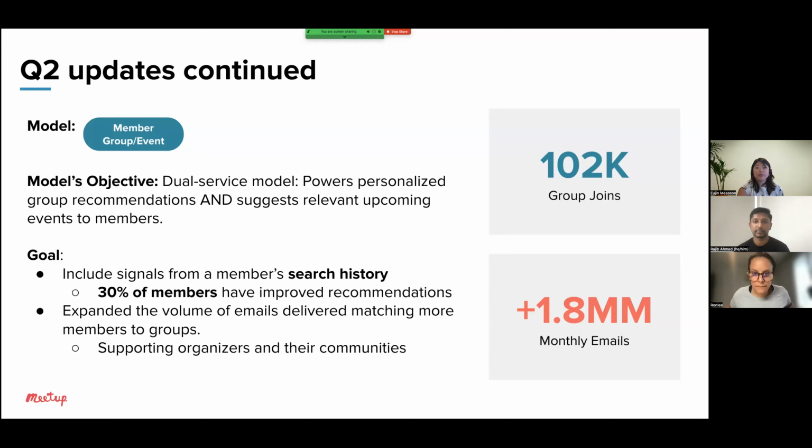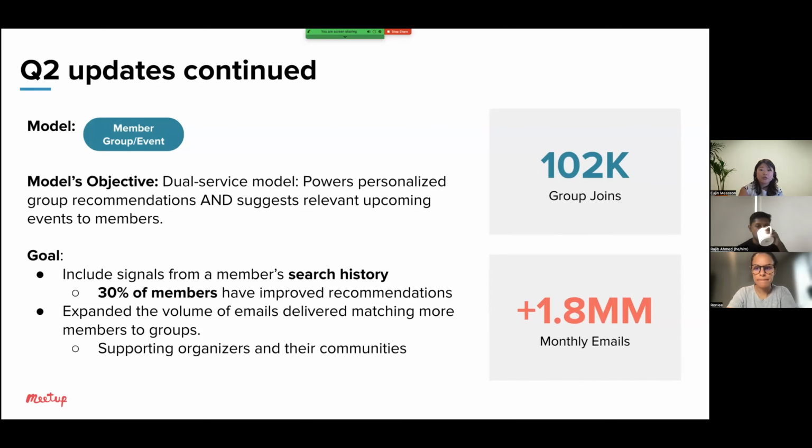We know that for 30% of our members, this did improve their recommendation. We also took this model to expand our email deliveries to provide relevant group suggestions to members. We're now announcing groups with less than 5 group joins to new and old members in hopes to support these communities. Overall, both these efforts have driven 102,000 group joins annually, and there are 1.8 million more emails sent to members each month.